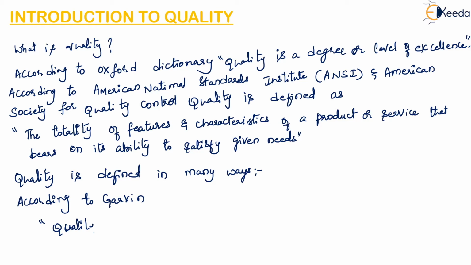He says quality is a very slippery concept. So there are many people and many approaches have been made to define quality. The wide variety of approaches which have been made to define quality, I am going to explain one by one.